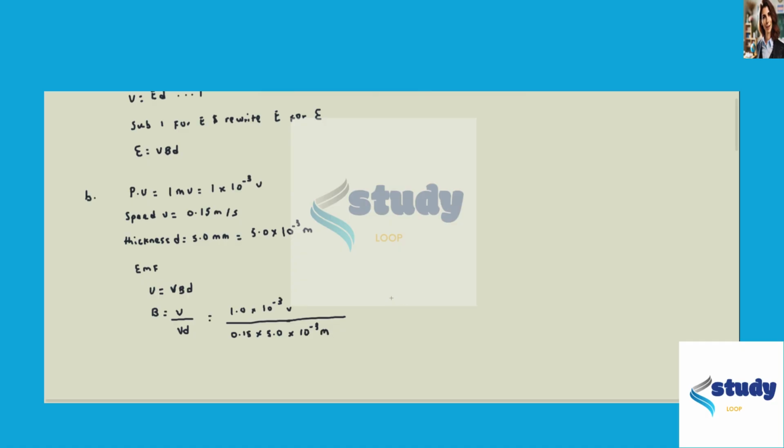Inserting that into your calculator, you have 1.33 Tesla. So the unit for magnetic field is Tesla, which is represented by T.